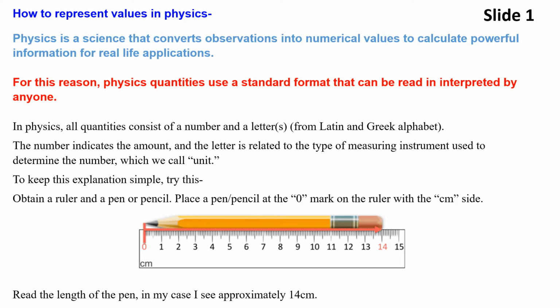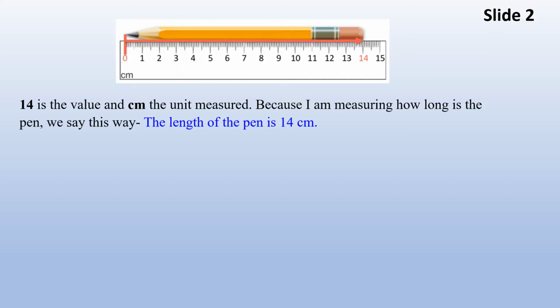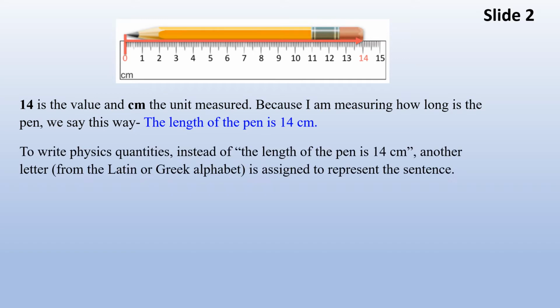In my case, in this picture, I see approximately 14 centimeters. 14 is the value and centimeter is the unit measured. Because I'm measuring how long the pen is, we say it this way: the length of the pen is 14 centimeters.